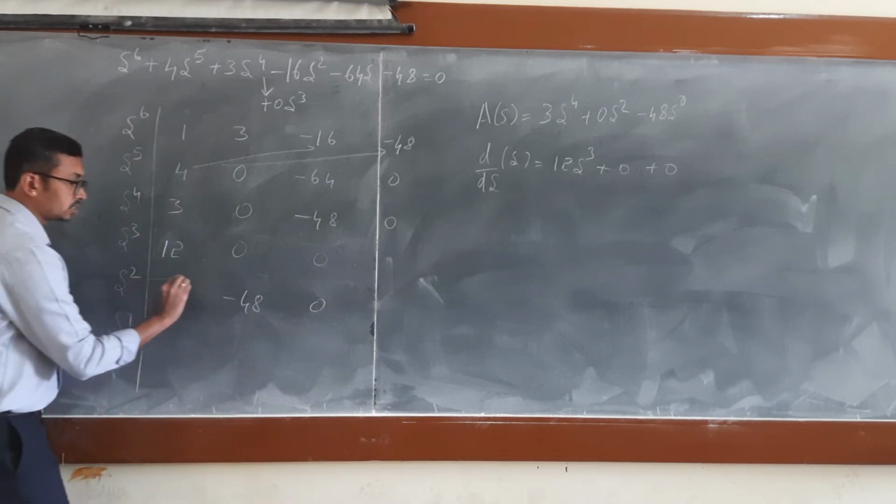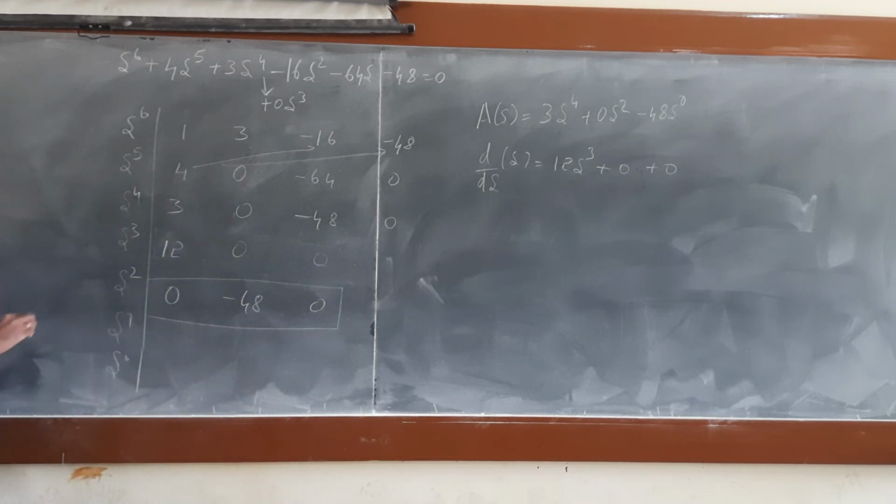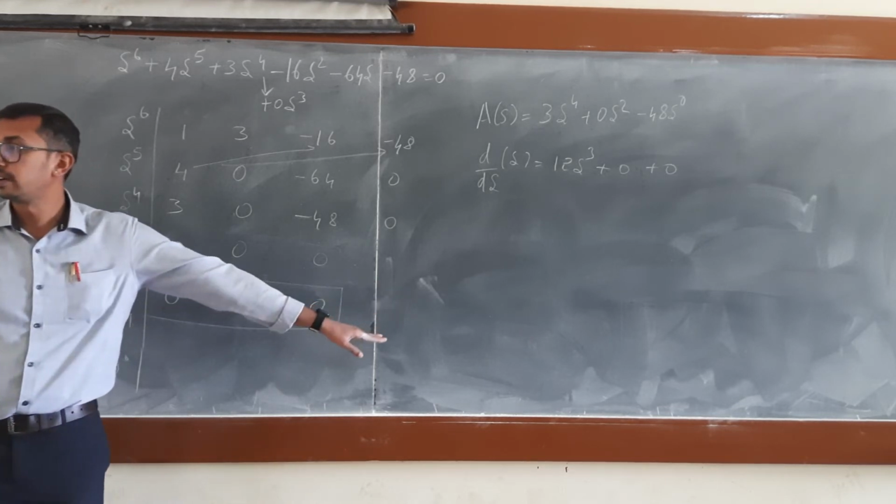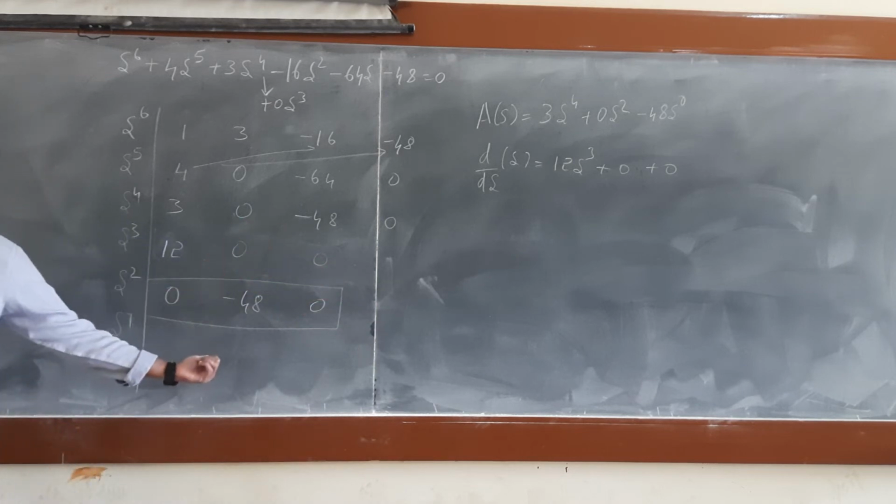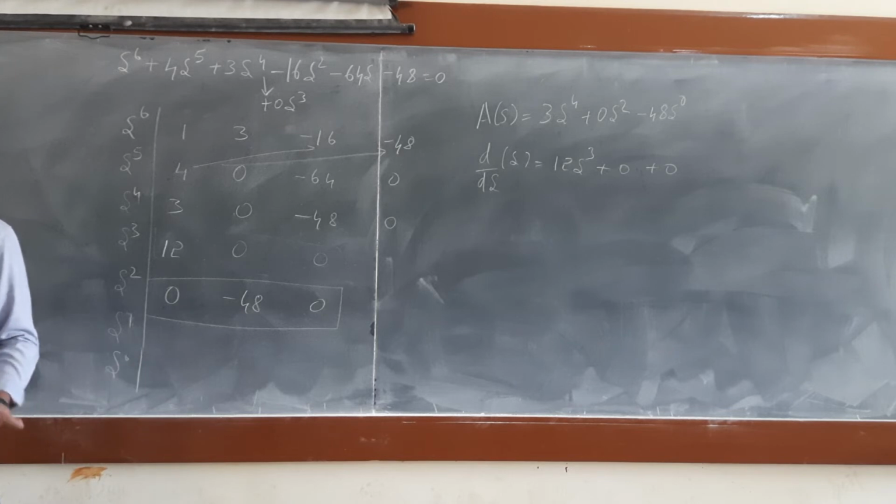So this is case number 1. What is case number 1? The first element of the row is 0, and there must be another non-zero element. Do you have another non-zero element? Yes, sir. So I am going to apply case number 1.